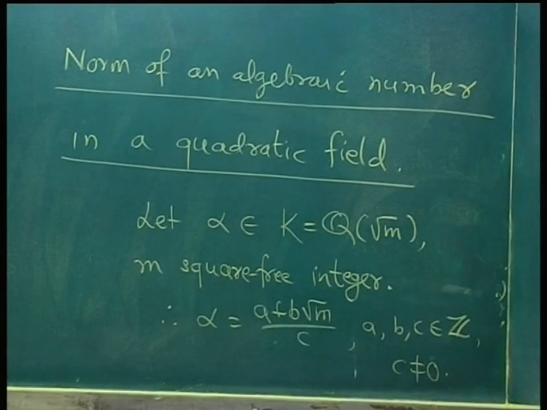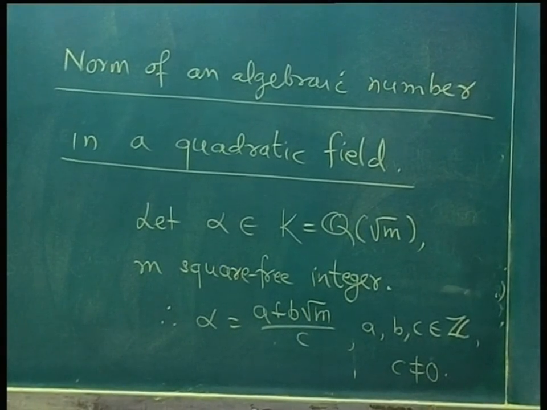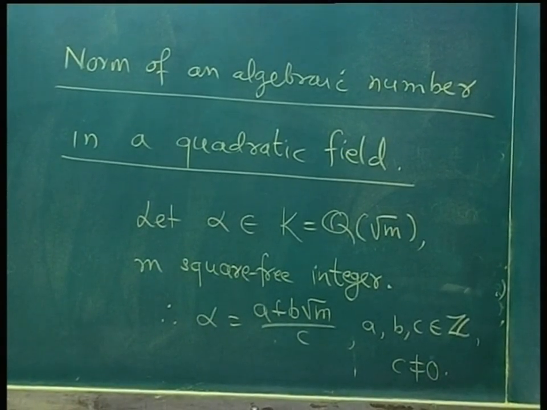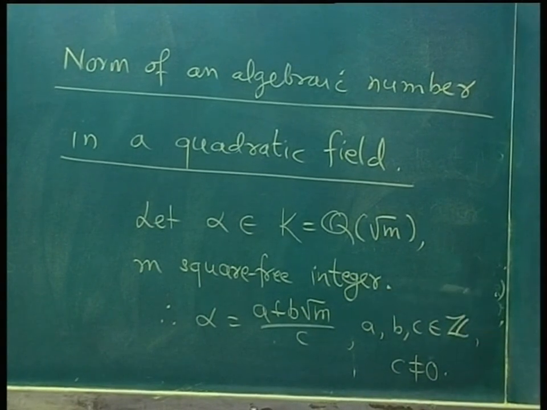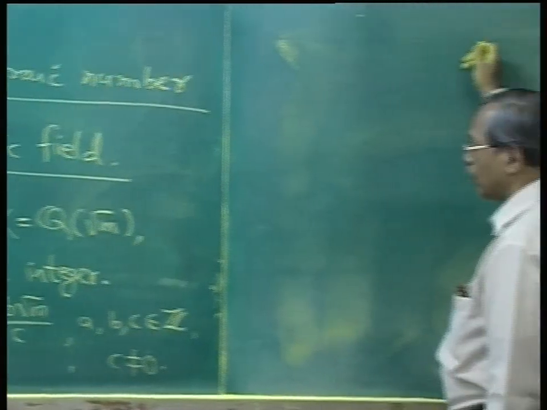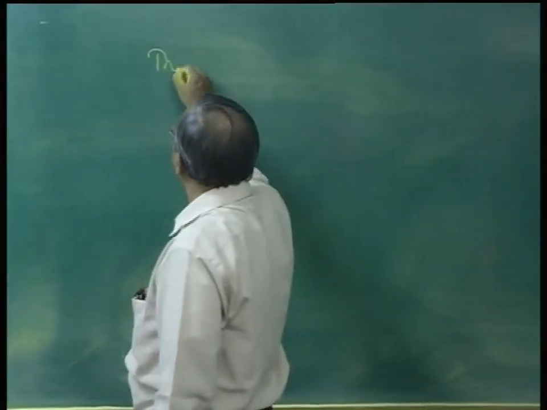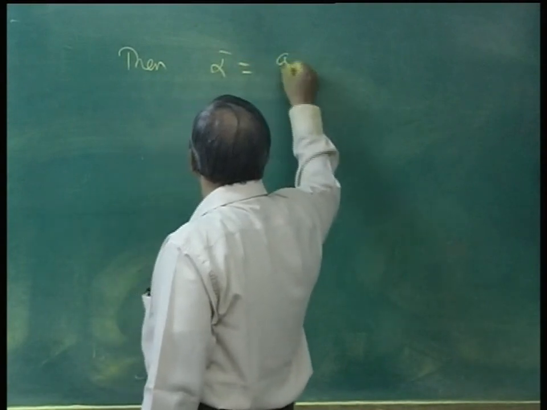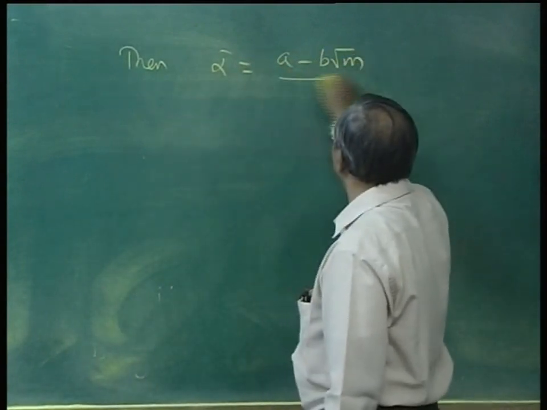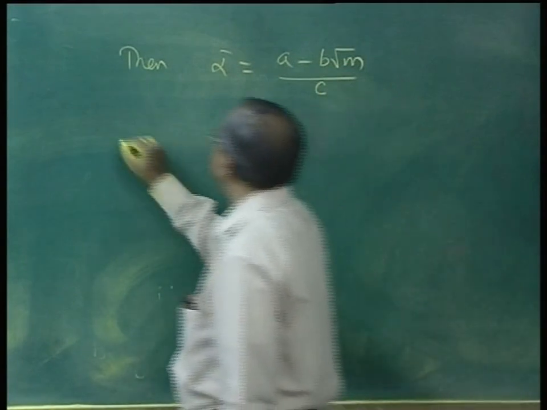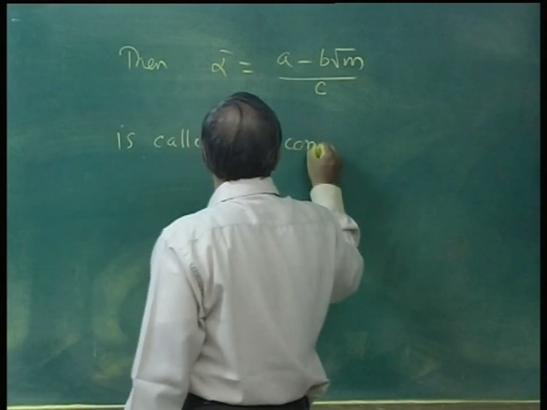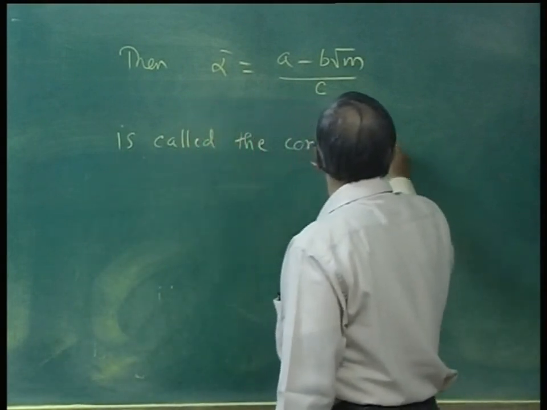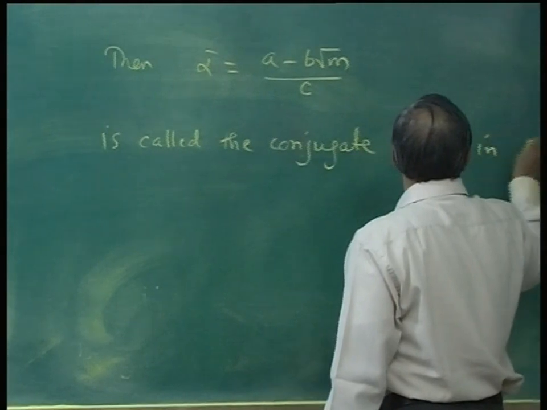We have already seen that alpha satisfies a specific quadratic polynomial, and so let me take alpha bar to be a minus b root m by c. Then alpha bar equal to a minus b root m by c is called the conjugate of alpha in Q root m.